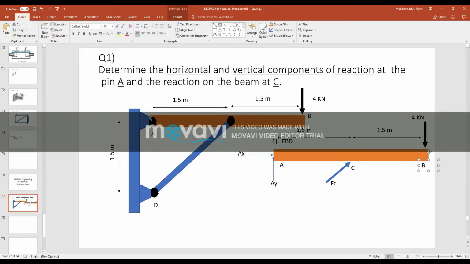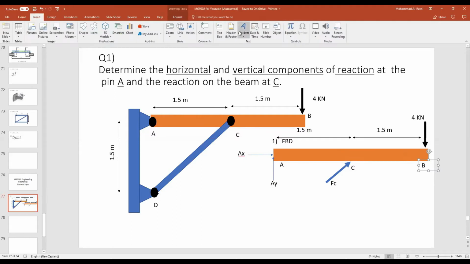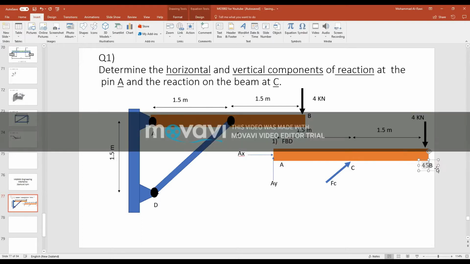Technically, a triangle with two equal lengths. Therefore, this angle is 45, and this one is 45, and this angle should be 90 degrees. Very basic trigonometry. Therefore, I can put here the angle is 45 degrees. Sorry, I put it in the wrong direction.